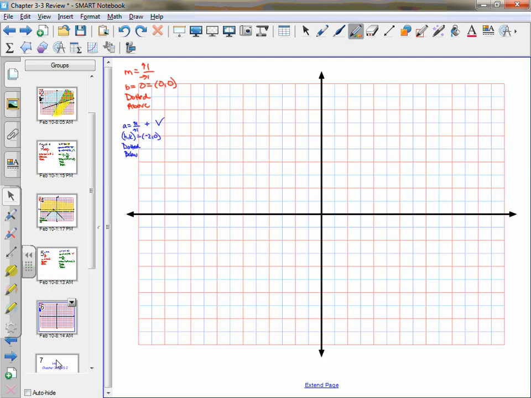Graph it. Excellent. So I'm going to come over here and I'm going to graph the point, what? 0, 0. And from there, up 1 over 1, up 1 over 1, up 1 over 1, up 1 over 1. And how do I connect the dots? With a dotted line.